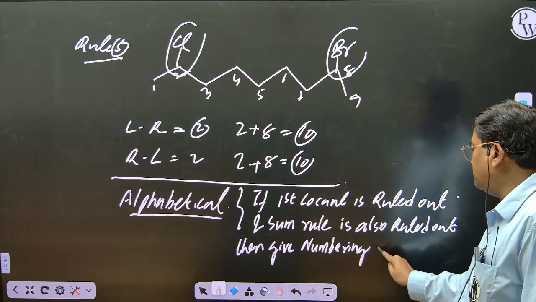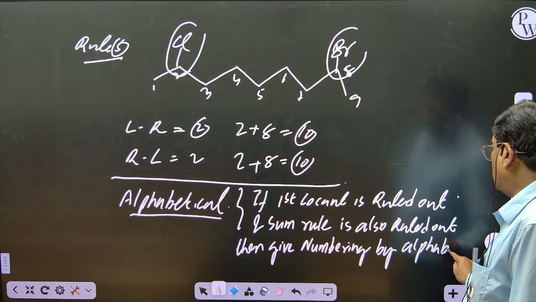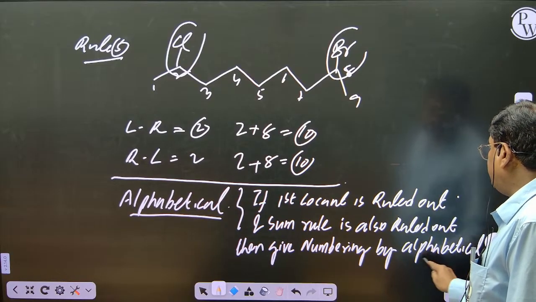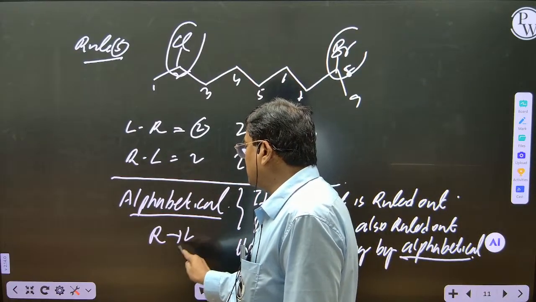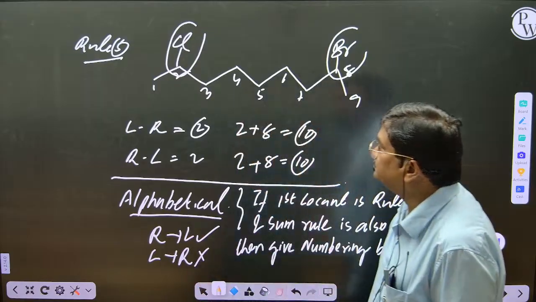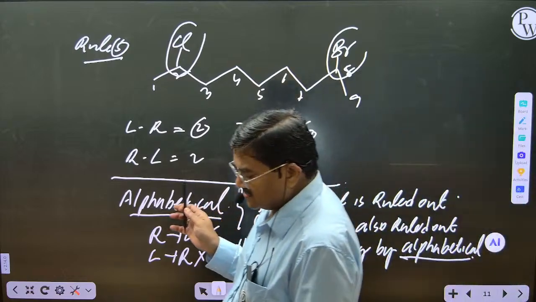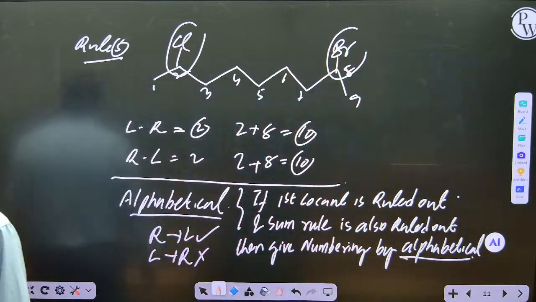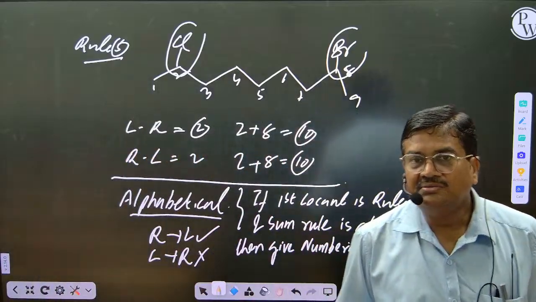Numbering by alphabetical means bromo, chloro, who will come first, student? Bromo, no? So numbering from right to left is correct, whereas giving numbering from left to right is wrong. Following all of this, the first locant is same, the sum rule is also same, then you go by alphabetical order.